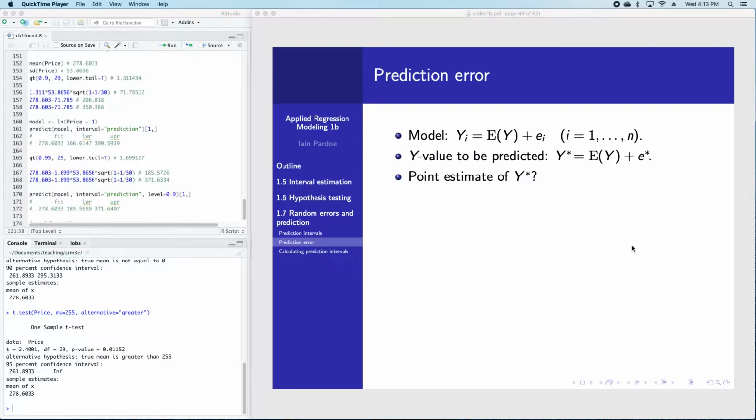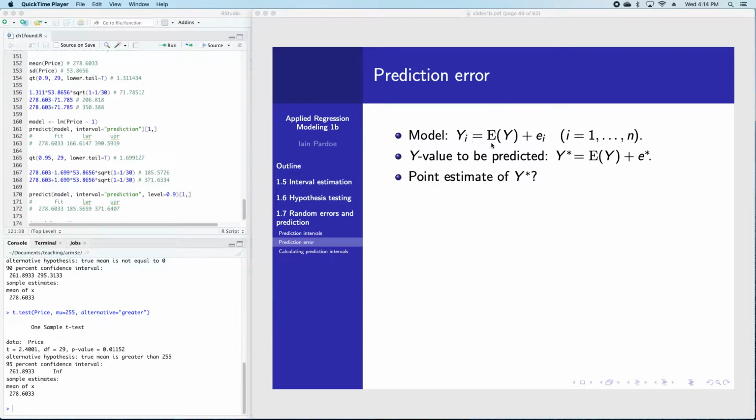To motivate the formula that we're going to use, we're going to think about a particular model for our home prices. The notation I'm using here is y_i represents the sale price, and i is just to keep track of which house in the sample I'm talking about. So i equals 1 for the first house, i equals 2 for the second house, and so on.